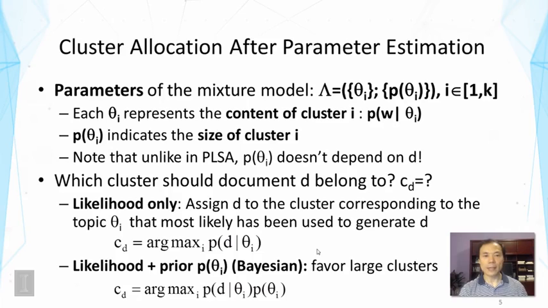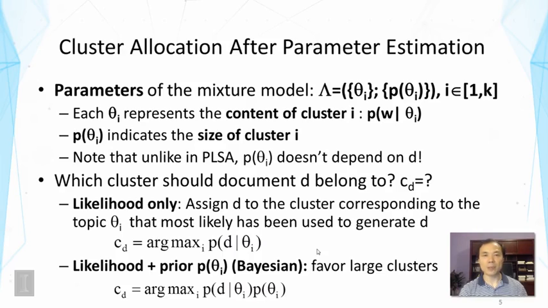Note that unlike in PLSA, this probability of theta i is not dependent on D. Now you may recall that the topic choice in each document actually depends on D. That means each document can have a potentially different choice of topics. But here we have a generic choice probability for all the documents.